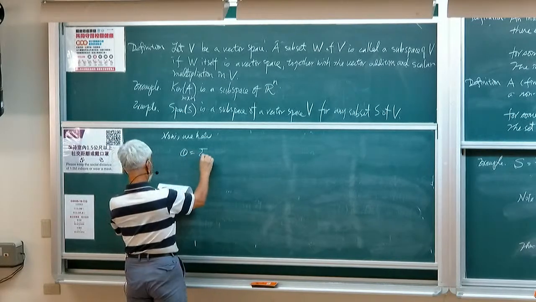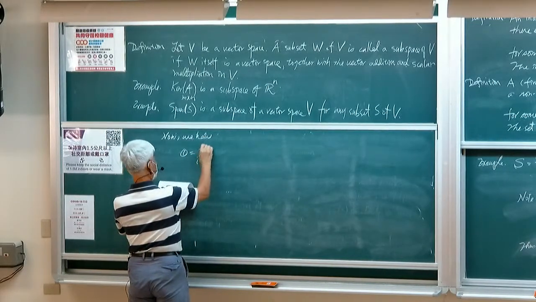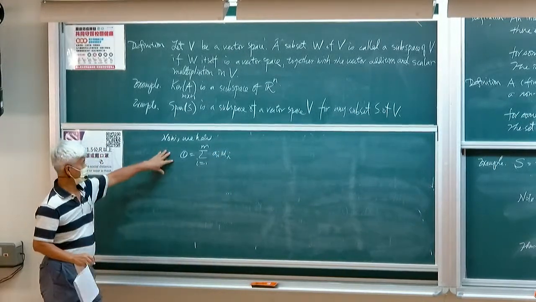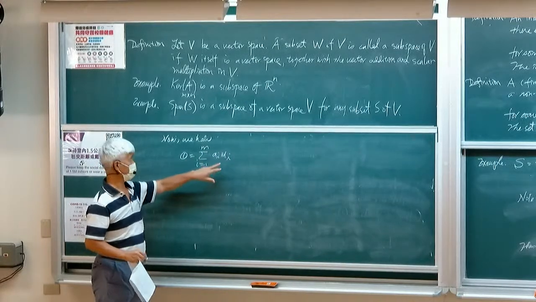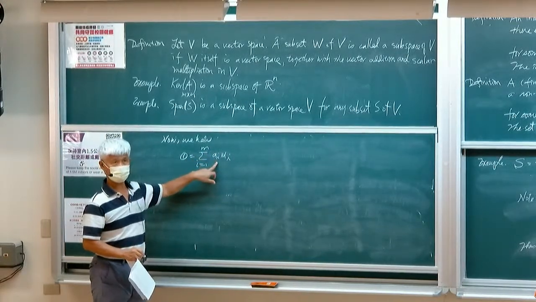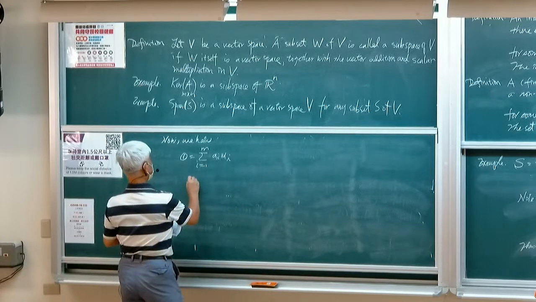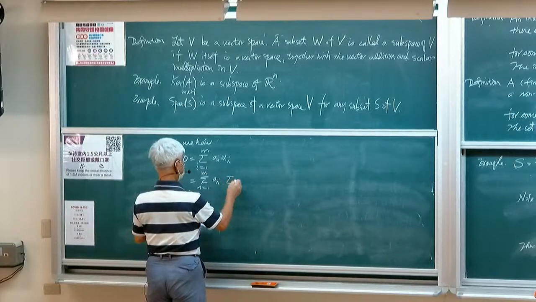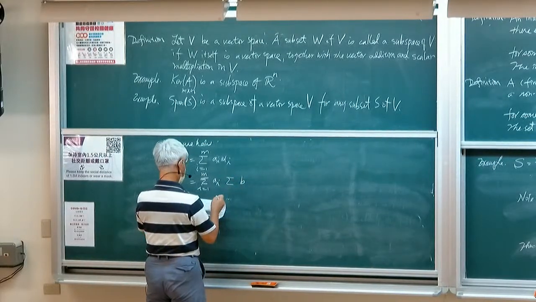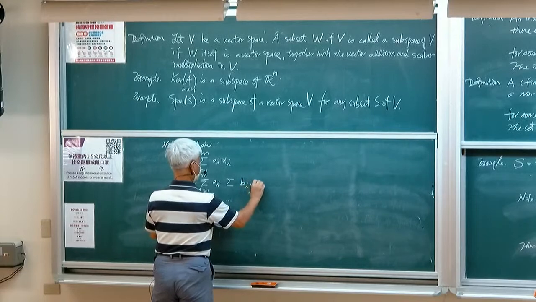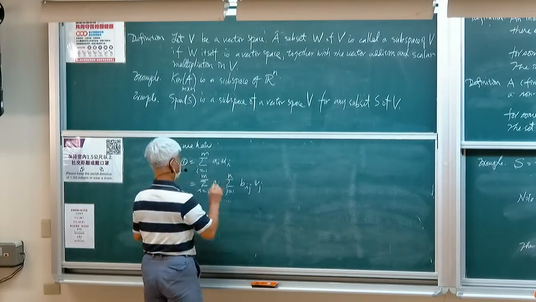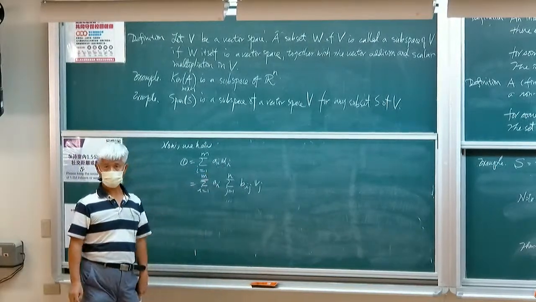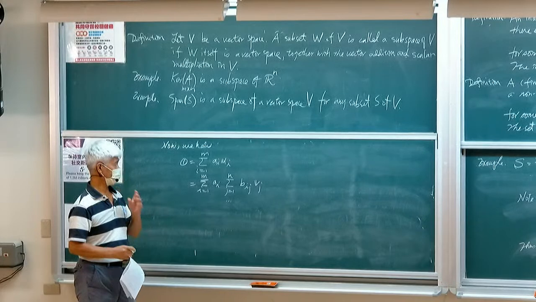It's just the sum of a_i u_i. We want to find a non-trivial linear relation such that the a_i are not all 0, right? But u_i is the sum over j from 1 to n of b_ij v_j, because each u_i is a linear combination of vectors in S.